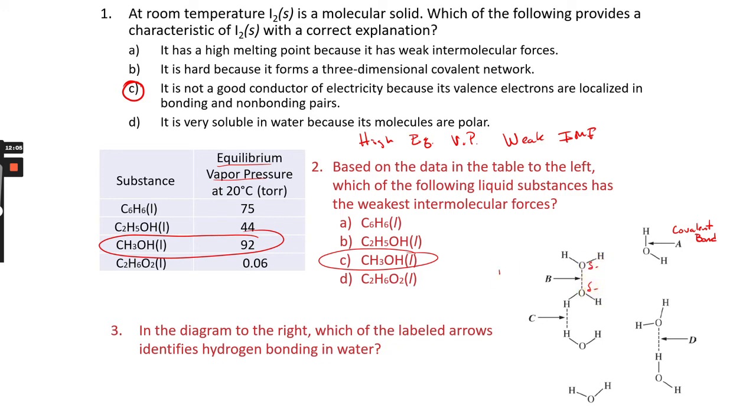So B is a repulsive force because they are going to repel each other. They're not going to bond. Same thing with hydrogen. This is also a repulsive force. And let's look at D. D is an attraction between the negative oxygen in one molecule and the positive hydrogen in another one. So D is your hydrogen bonding.